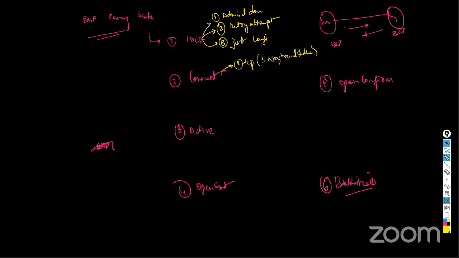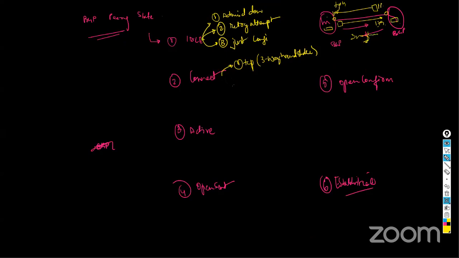So what happens is when I configure an IP address here, and I have the BGP process running, a hello packet will be initiated, which will be sent on TCP 179. In a similar way, there will be another hello packet sent to router 1 on TCP 179, and that's when you have the three-way handshake first.